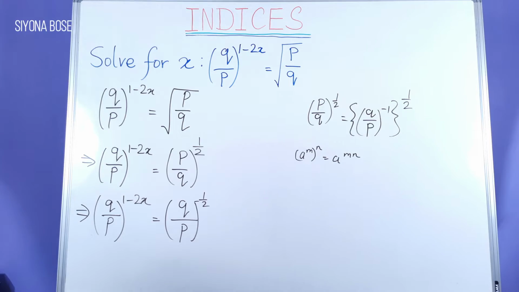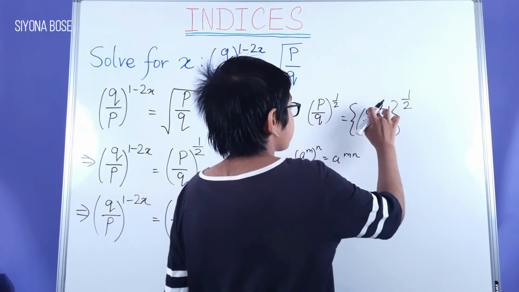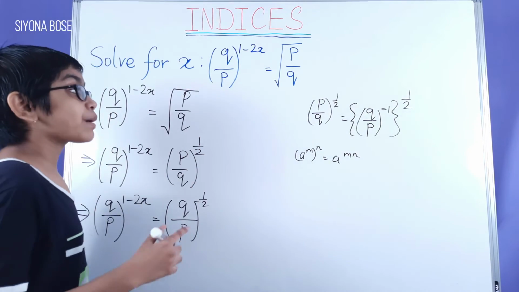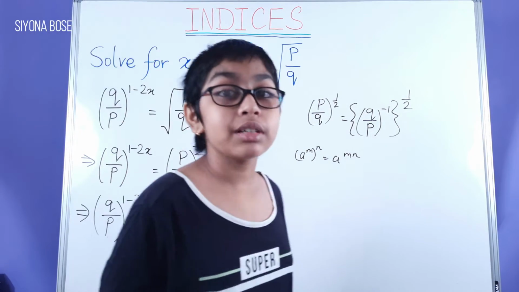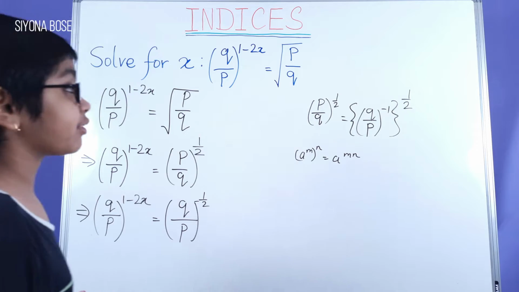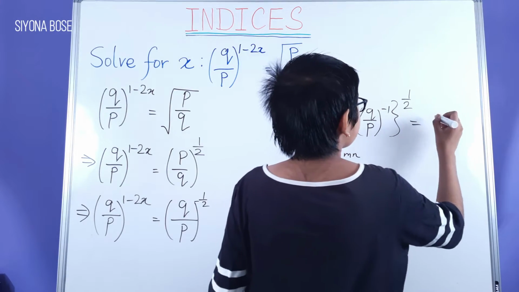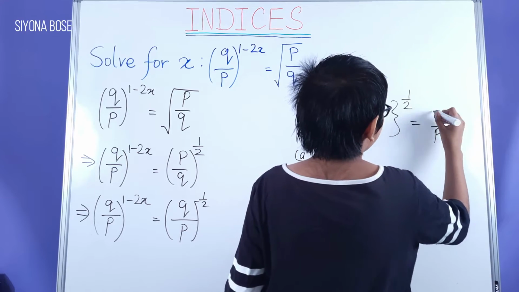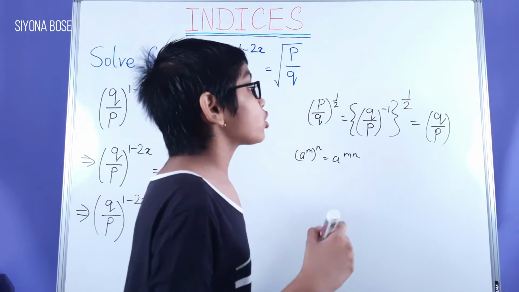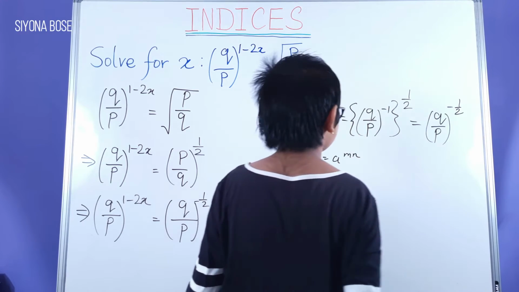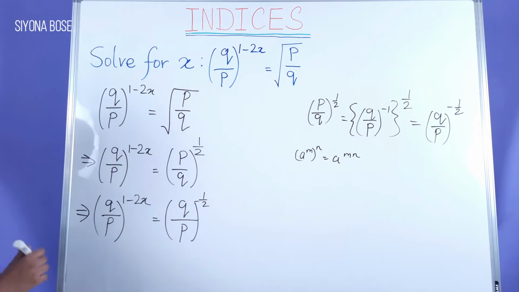Then from there we get (q/p)^(-1) whole to the power of half. It means minus 1 into half, which gives us (q/p)^(-1/2). We get it like that.